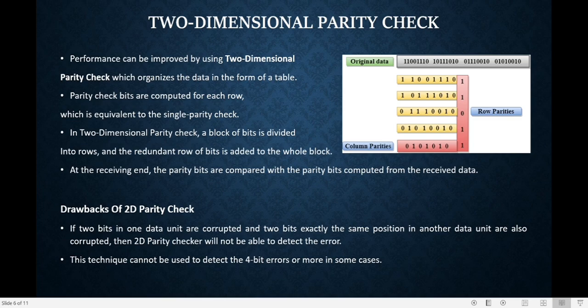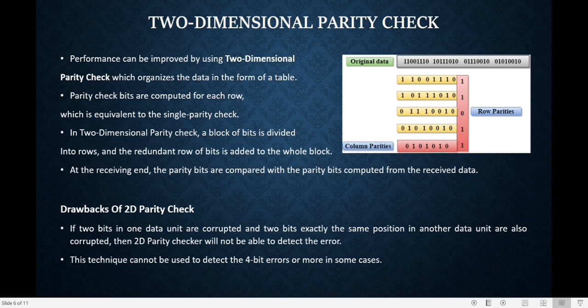At the receiving end, these are compared with the parity bits calculated on the received data. Performance can be improved by using two-dimensional parity check, which organizes the data in the form of a table.